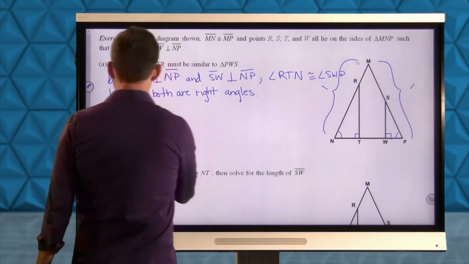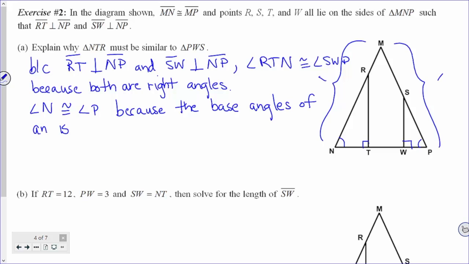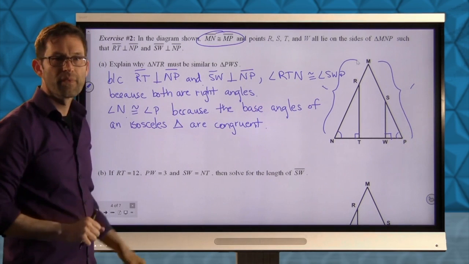Well, angle N must be congruent to angle P because the base angles of an isosceles triangle are congruent, right? And why do I know that this is an isosceles triangle? Well, it comes from that.